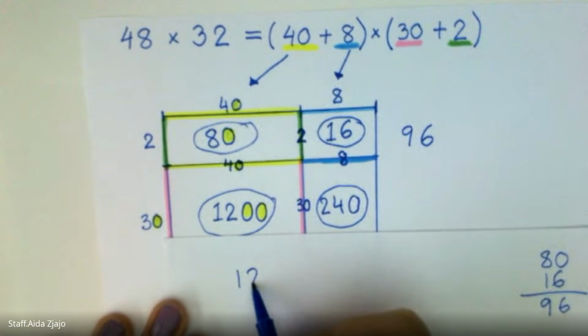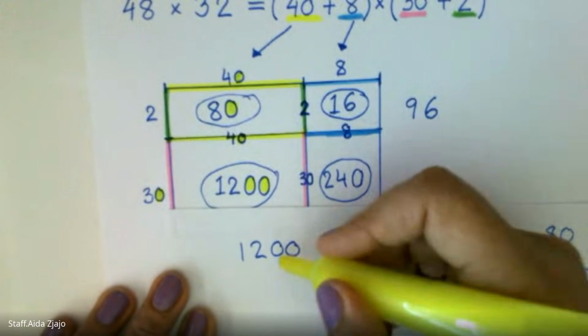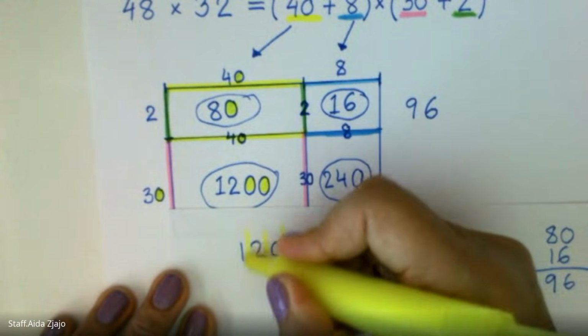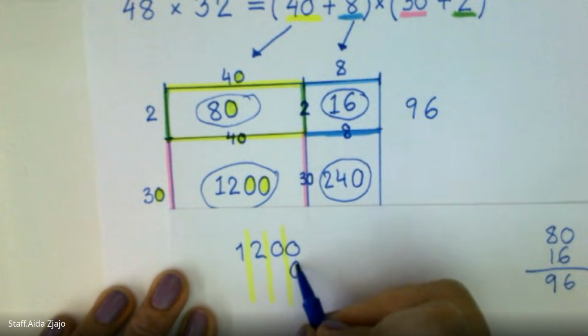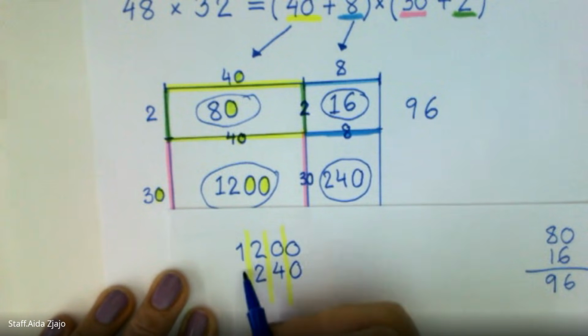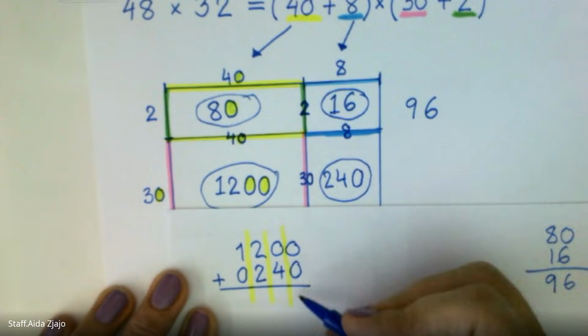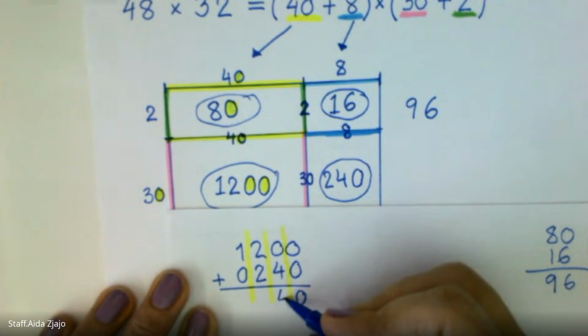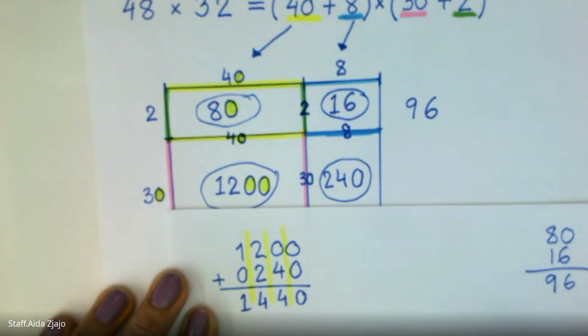And then if I am going to add 1,200, I can use my highlighter to make my place value distinguished. So I can add a 0 for 240. 240 does not have any thousand, so I can add 0 to hold the place value, and I can add those together, so that becomes 1,440.